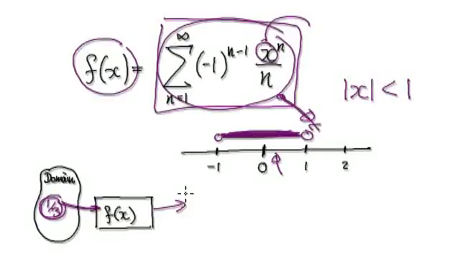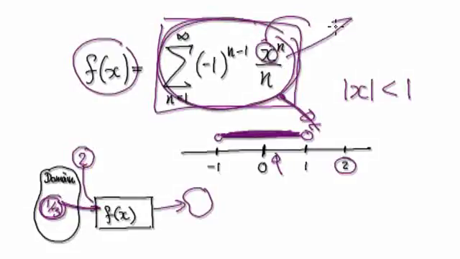Therefore, it will spit out a number. But if you put in a 2, 2 is not in the domain. This thing is going to diverge, meaning it's not going to be able to spit out a number. It's just going to get bigger and bigger. It can't spit out a finite number. So 2 is not in the domain.